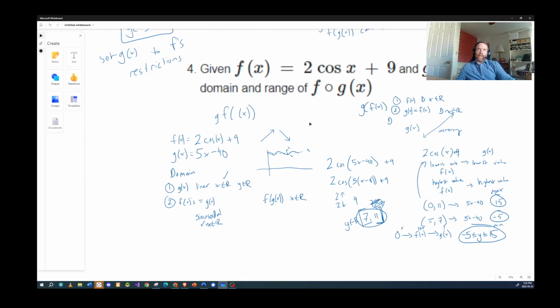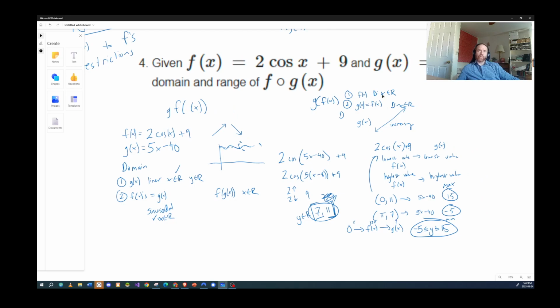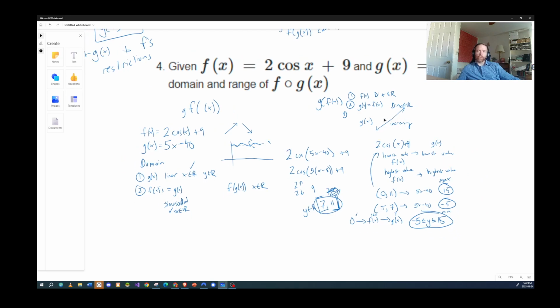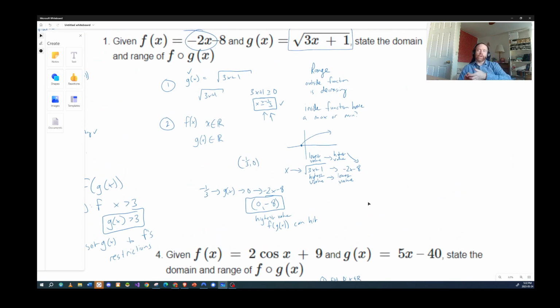Idea number 3 is about the range. The range is a very difficult question, and I'm not going to be looking for anything much more than what we're doing here. It may be even easier than what we're doing here. The key to understanding the range is to think about whether the outside function is always rising or always falling, and then when the inside function is at its lowest and when it is at its highest.